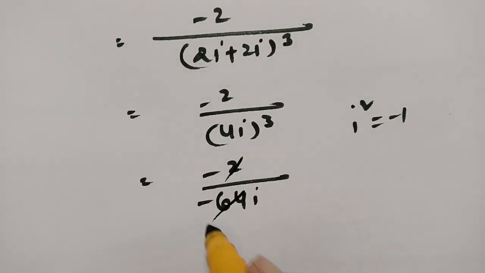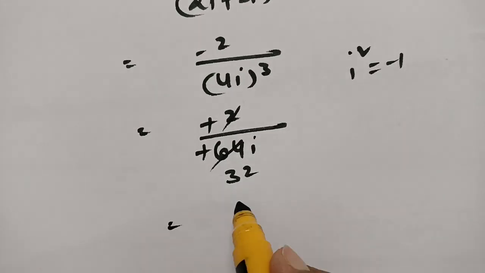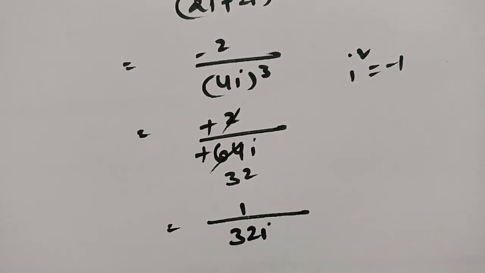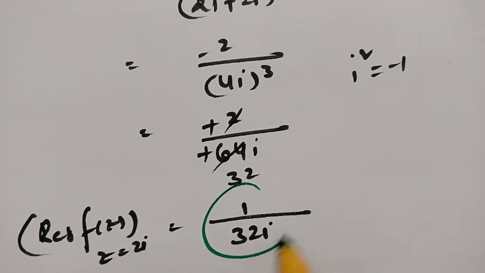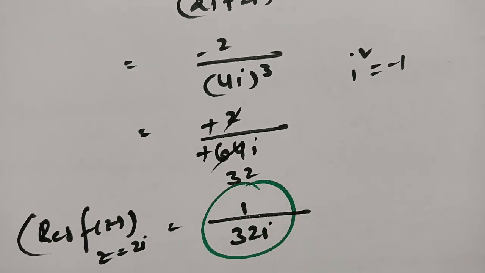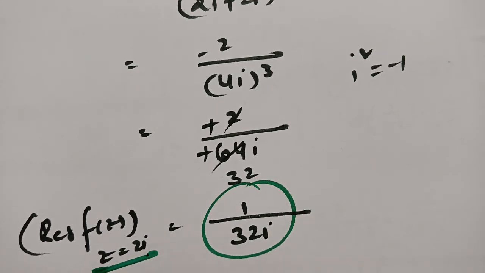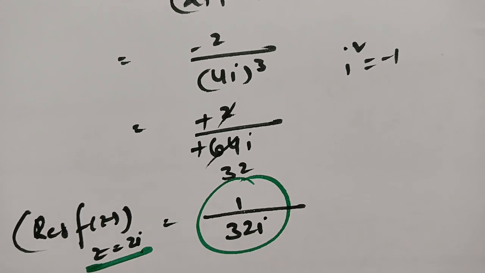So if I cancel this, this will be 32. i got cancelled, and therefore the value here is 1 by 32i. This is the residue value of f of z at z is equal to 2i. At z is equal to 2i, we got the residue value as 1 by 32i for the corresponding pole z is equal to 2i. So this is how we have to solve.